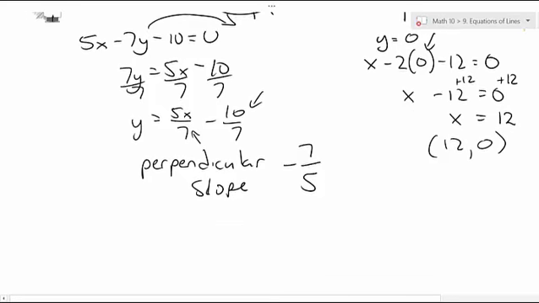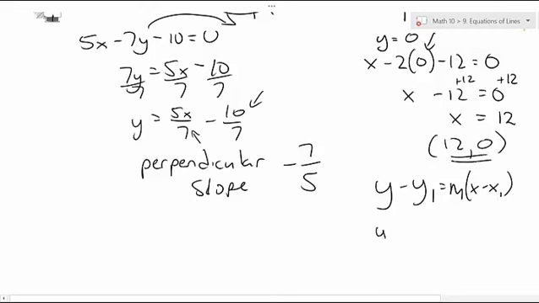So what we use is slope-point form. Here's our slope-point form: y minus y1 equals m(x minus x1). All right, we're going to put in this point right here. So it's going to be y minus 0 equals negative 7 over 5 times (x minus 12).